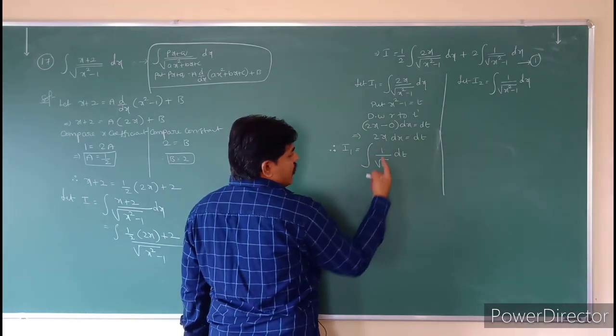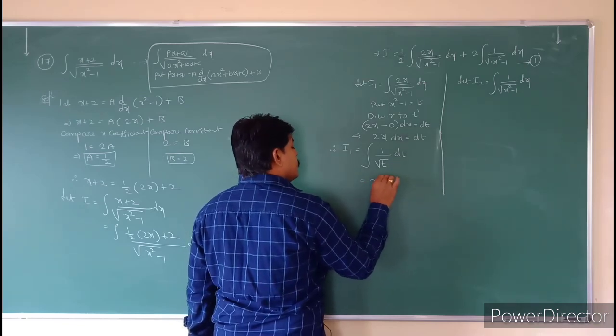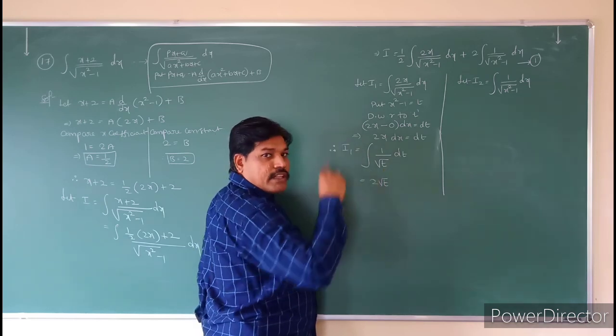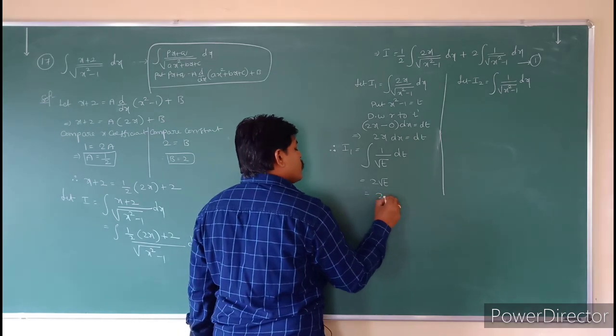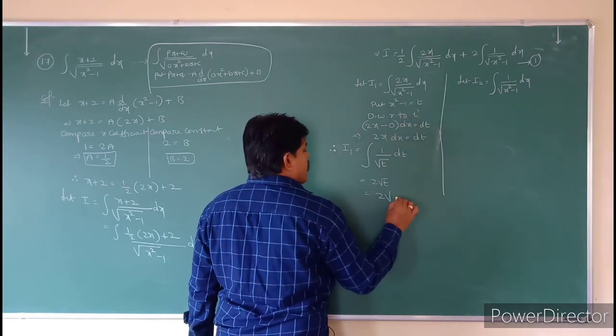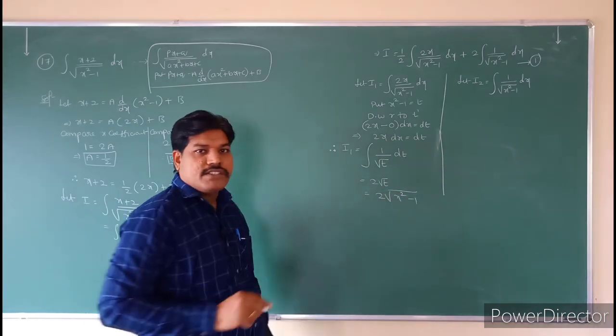What is the integral of 1 by root t into dt? That is nothing but 2 root t. I don't take the c value now; at the end I will add the integral constant in the final answer. So that is 2 into root of t, and t is x square minus 1. That is the I1 value.